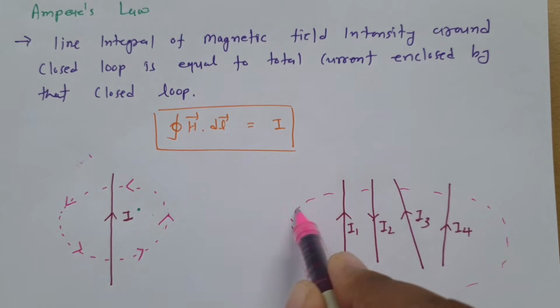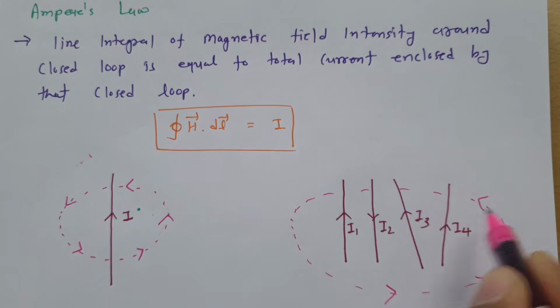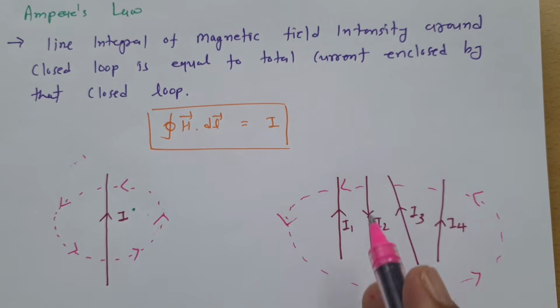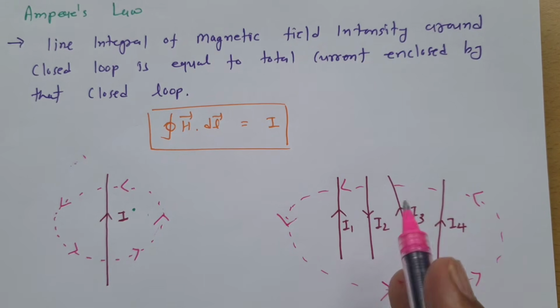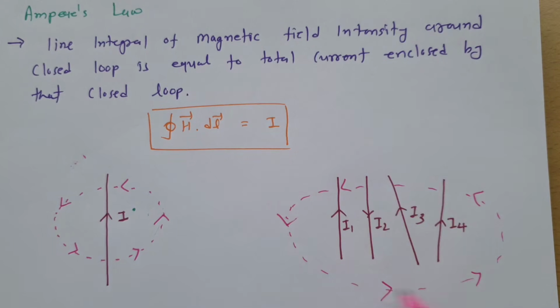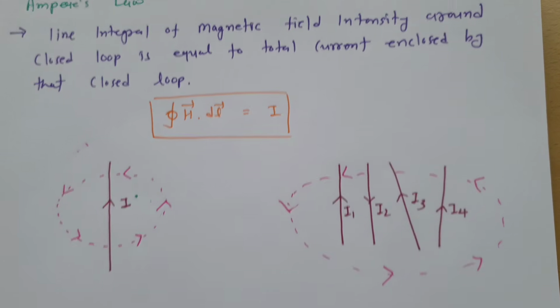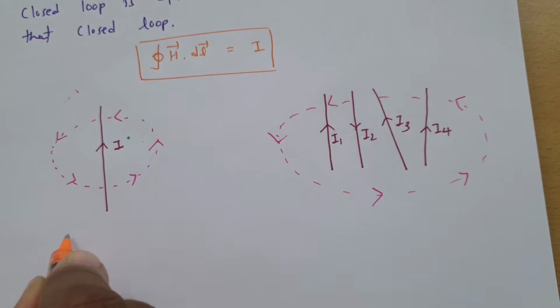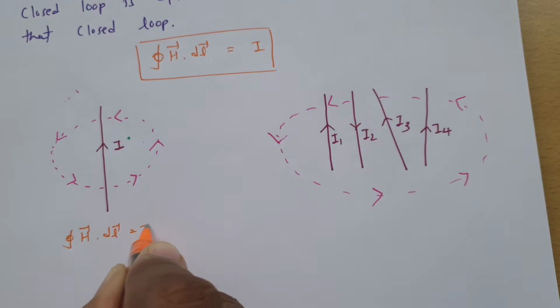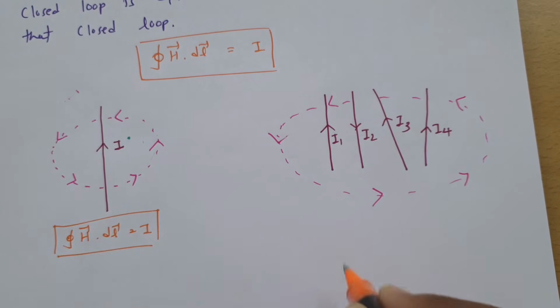If the magnetic field goes around the loop like this, the line integration of magnetic field intensity will be the total current enclosed in this loop. I am considering this direction as per the right hand thumb rule. So if you apply Ampere's circuit law for the single wire case, the closed integral of H dot dl equals I.